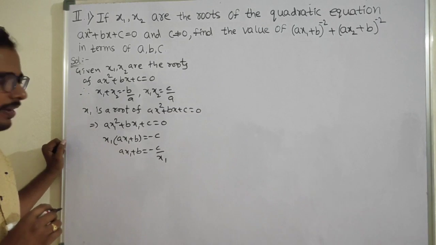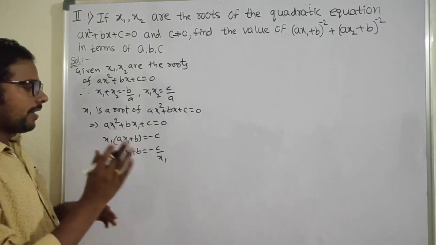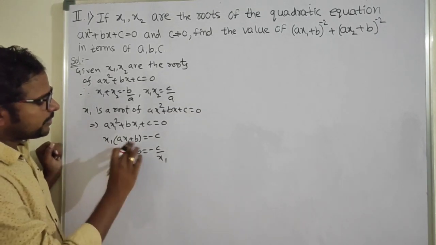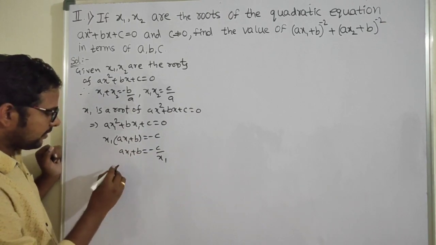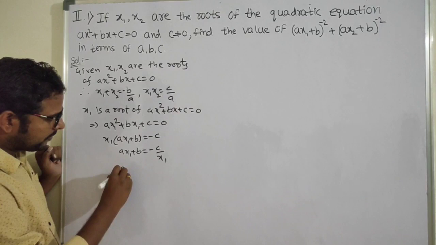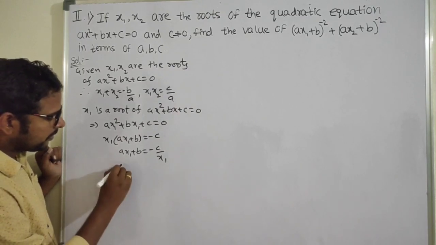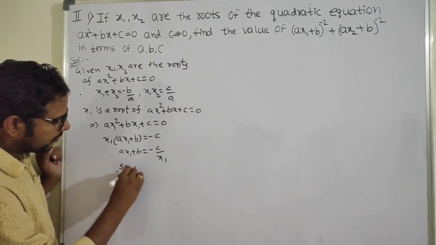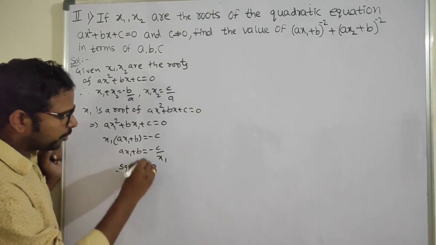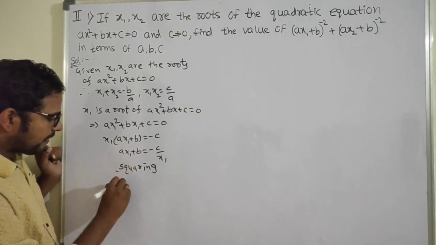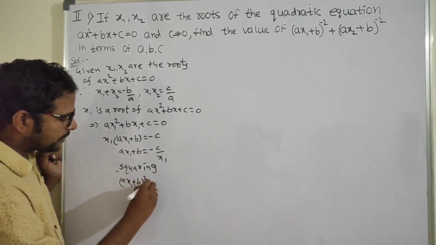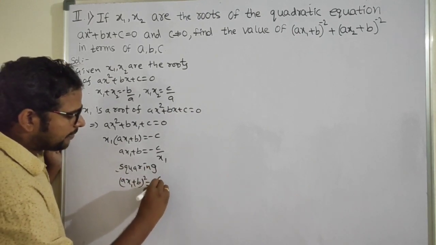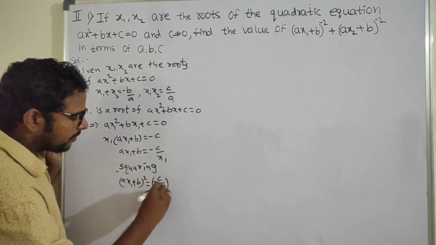Now take a reciprocal. Oh wait, first do squaring on both the sides. (ax1 plus b) whole square equals (minus c by x1) whole square.